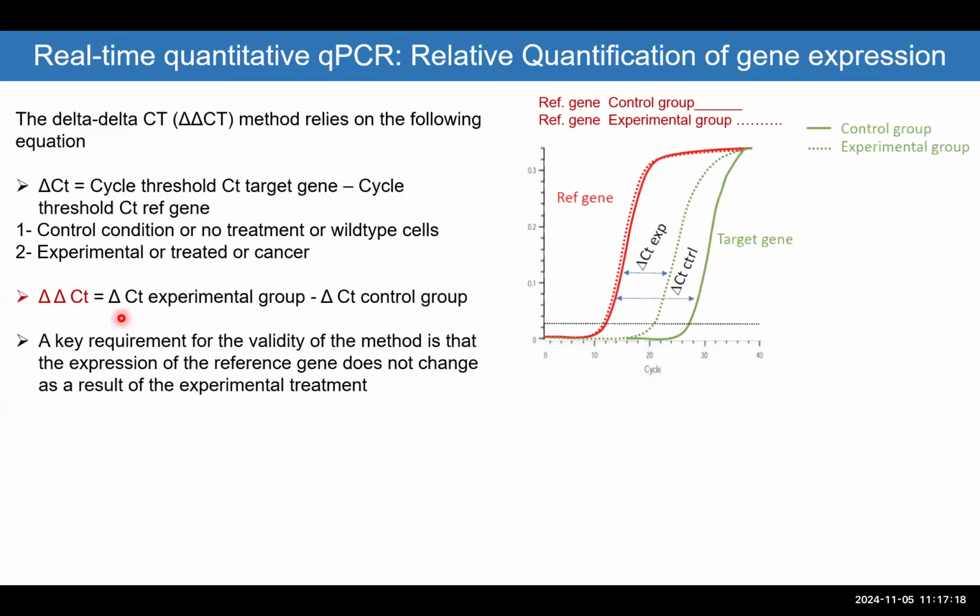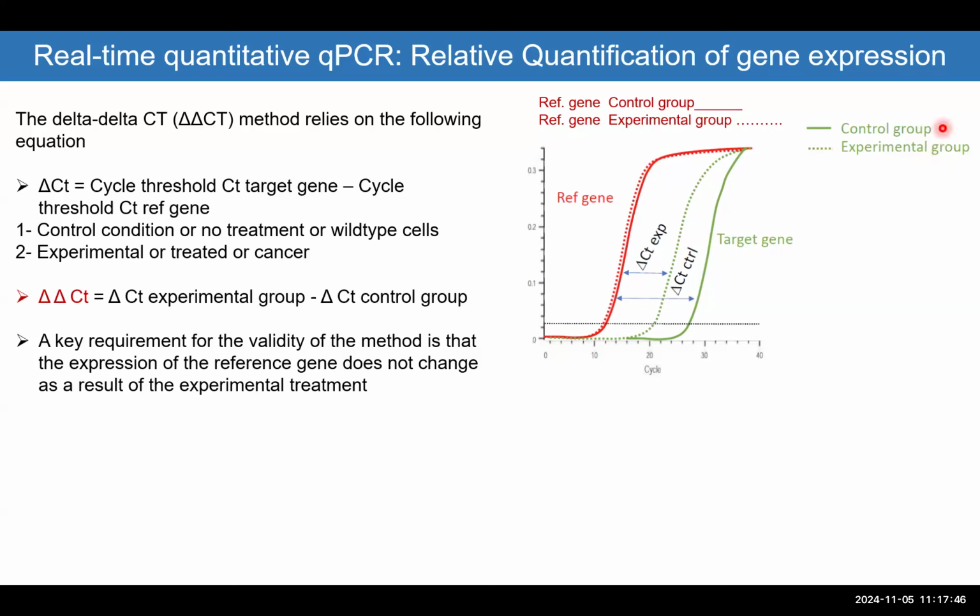Now, in the relative analysis, bear with me 1 minute on how we do the analysis. I was telling you about the housekeeping gene that should not be different between the experimental conditions. So we have 2 conditions here. Let's say a control group, cells that are not treated with anything, HeLa cells or HEK cells, whatever, and cells that you treated with a drug, whatever drug that was.